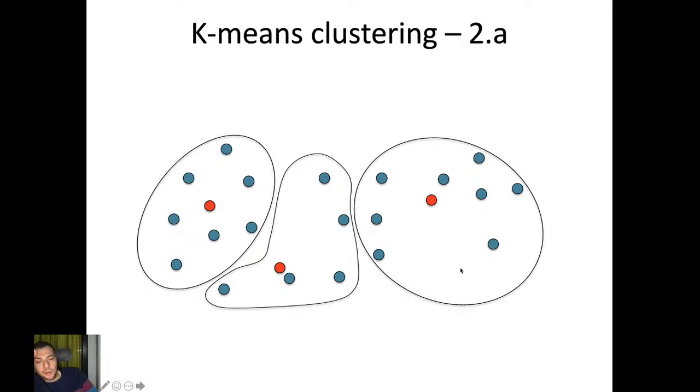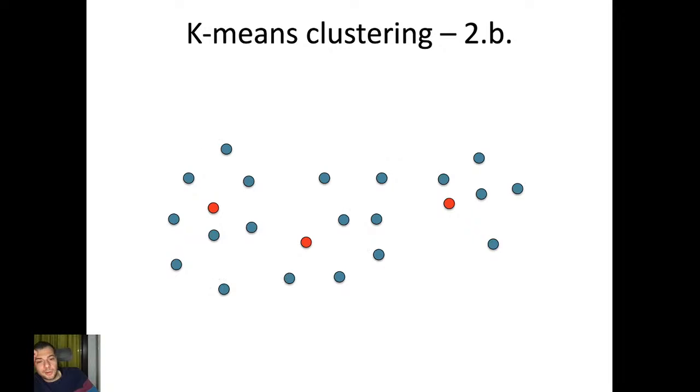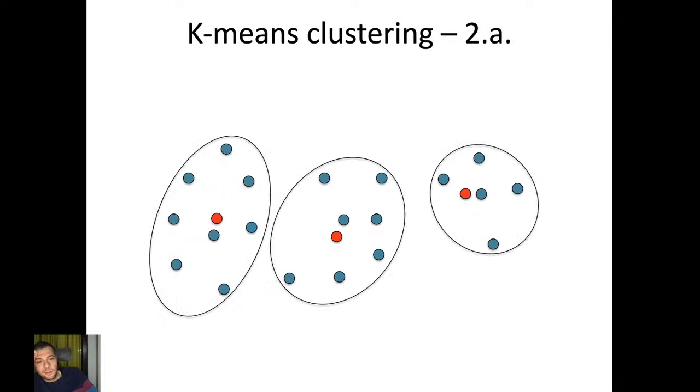And once we build the clusters, we recompute the centroids. We remove the cluster assignments and recompute the assignments. Then we recompute the cluster centroids. So we repeat these alternating steps until the algorithm converges.